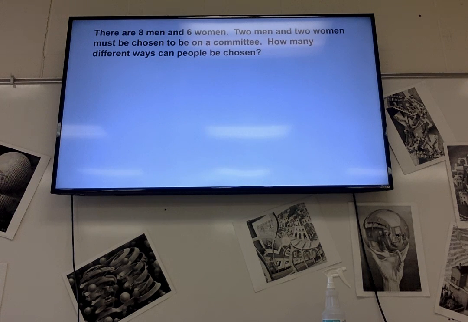Now, the way I could change this to a permutation problem is if I said the first person picked would be the chairperson, then order would make a difference. But since it's just 2 and 2, it doesn't matter.